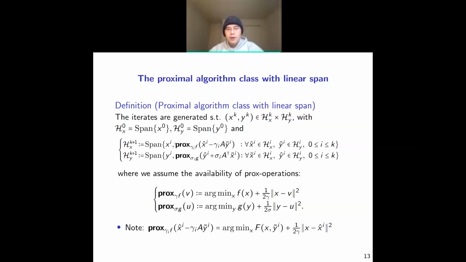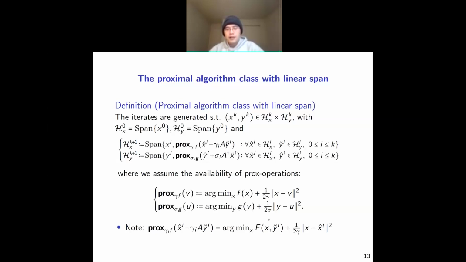At this point, this proximal operator might look a little weird to appear here. Actually, if we take into account the special structure of this problem, we can equivalently write the proximal operator as the argmin of this minimization problem.